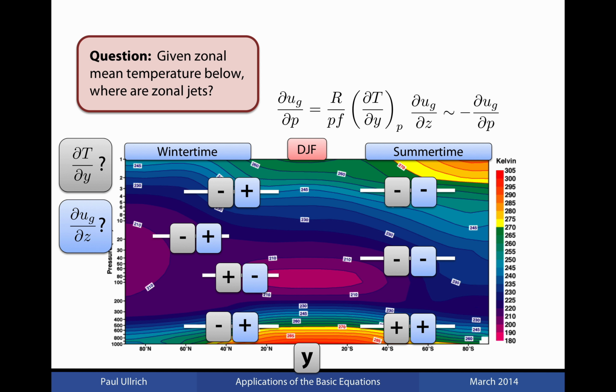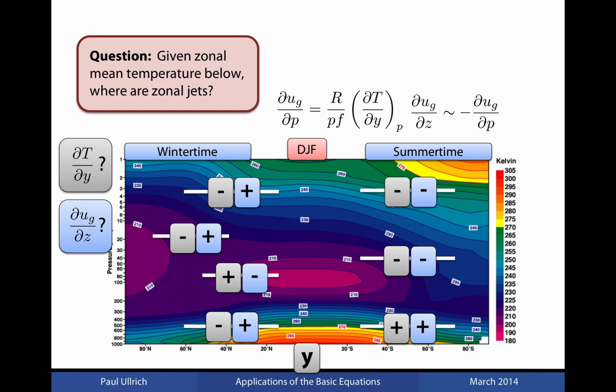So this is now useful because this allows us to figure out with altitude how ug is changing. Since we know that the geostrophic zonal wind is approximately 0 near the surface, that means that in the northern hemisphere we must have that the zonal geostrophic wind increases through the lower levels of the troposphere, and then as it hits the tropopause it decreases, and then in the stratosphere it increases again.